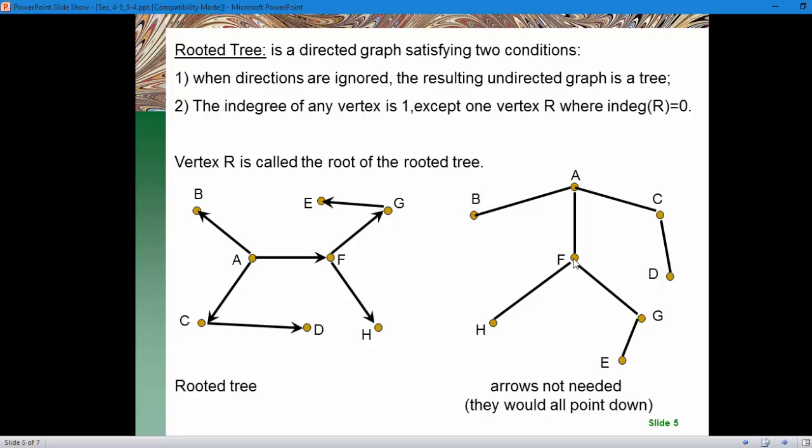Vertex F has two children, vertex H and vertex G. Vertex F is an ancestor of vertex G, and vertex G and E are descendants of vertex F. And of course, all the vertices are descendants of vertex A, which is the root of the tree.